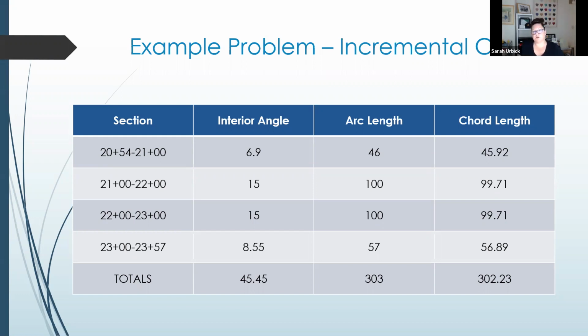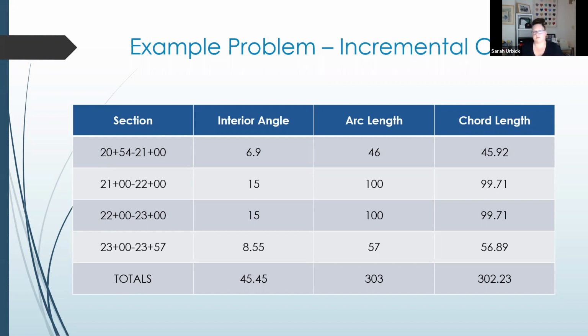Not typical, but I put in a totals row so we can see how close we are. How did we end up? If you add up those interior angles, 6.9, 15, 15, and 8.55, we get 45.45. So that's good. Our arc lengths ended up at 303, taking our end station, subtracting our initial station.